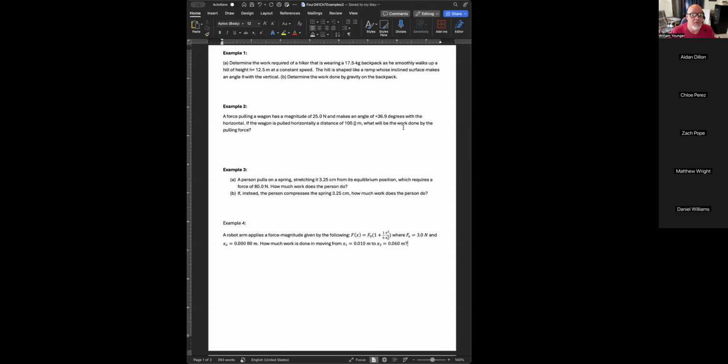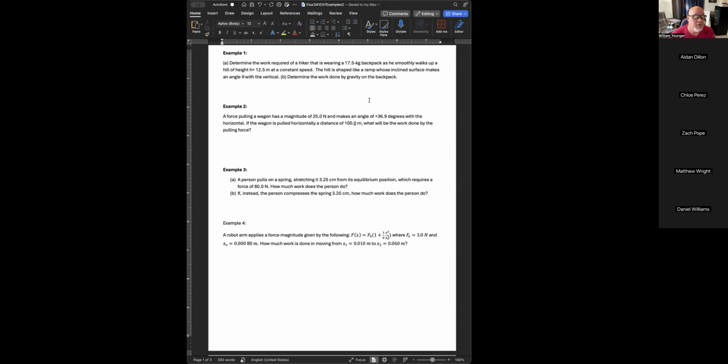What I'm going to start off with is an example, and I'm going to share my screen to do that because it's a pain to put it in this iPad sheet. You can see the first example. Example one: determine the work required of a hiker that is wearing a 17.5 kilogram backpack as he smoothly walks up a hill of height h equals 12.5 meters at a constant speed.